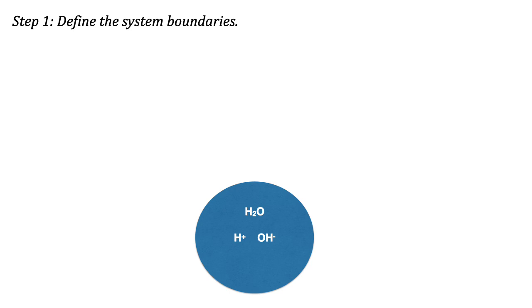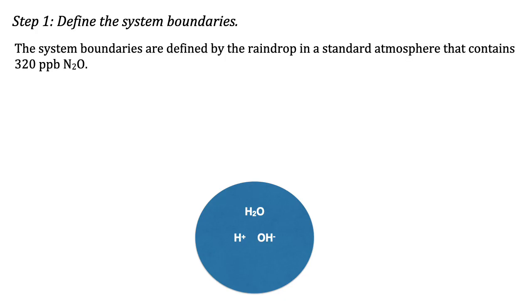Again, step 1 will always be to define the system boundaries. I encourage you to write a little circle, a raindrop, a glass of water, whatever cartoon illustration you like, to write out your species list. In any aqueous solution, we will always start with this fundamental case. We'll start with water, hydrogen ion, and hydroxide ion in the pure water. To that, we're going to add some nitric acid.